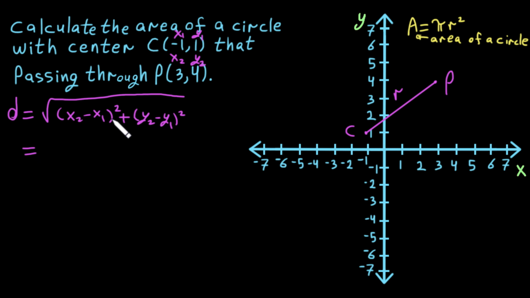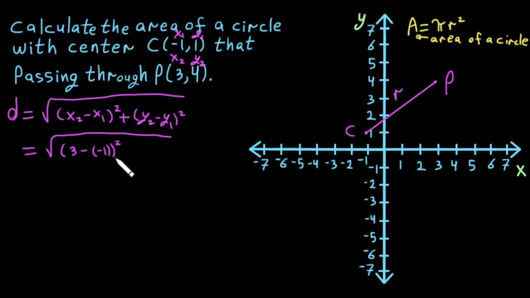Substituting these values, the square root of x2, which is 3, minus x1, which is -1. I will put brackets so it is clearer that here is negative and here is the minus.